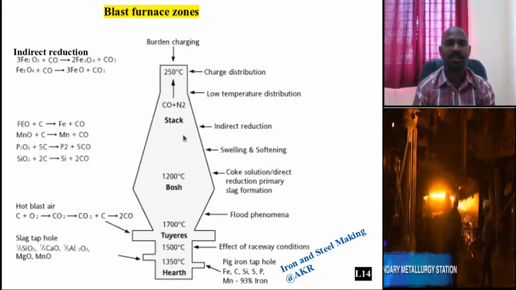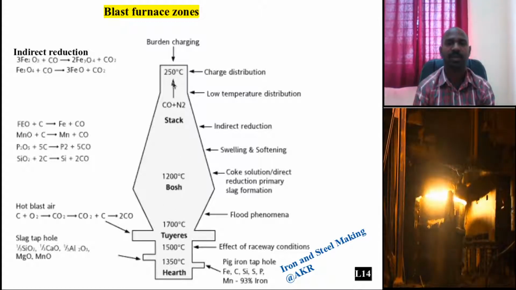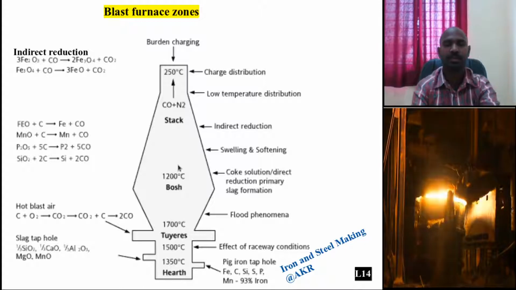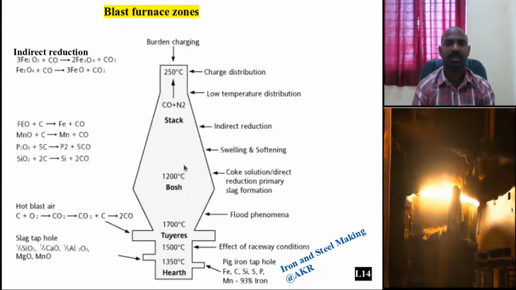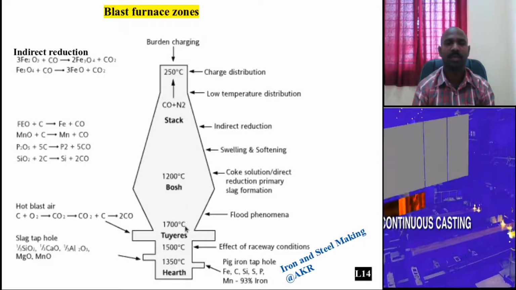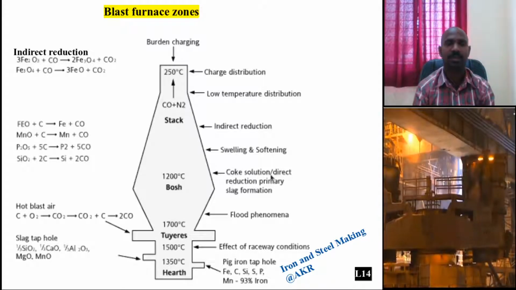And so as it is being exposed to the temperature, as you are coming down, temperature rises. This solid material swells and softens. As it reaches the Bosh zone, it becomes coke solution type.